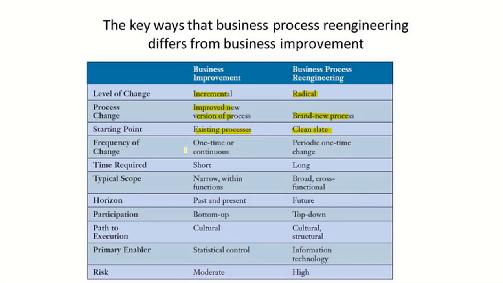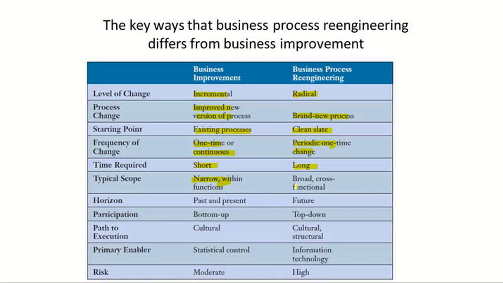In terms of frequency of change, it is one time or continuous for business improvement, but for BPR, it is periodic, one-time change. For business improvement, the time required is short, but BPR is long. And in terms of typical scope, it is narrow within functions for business improvement.